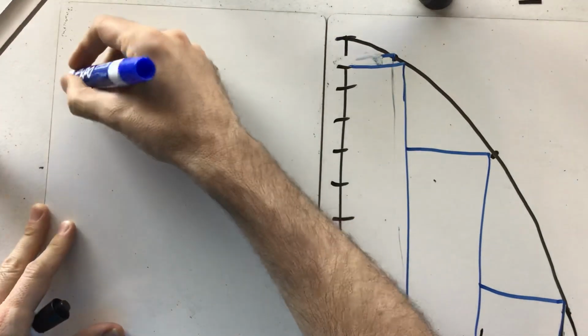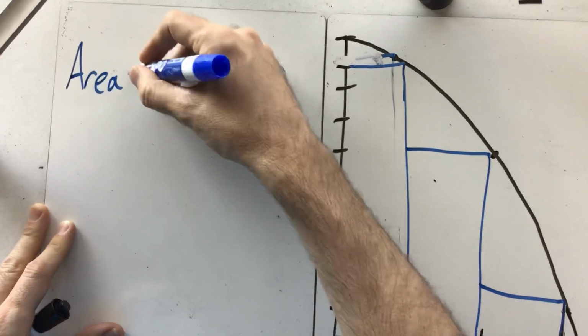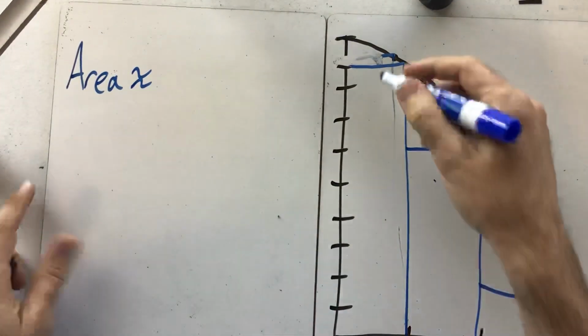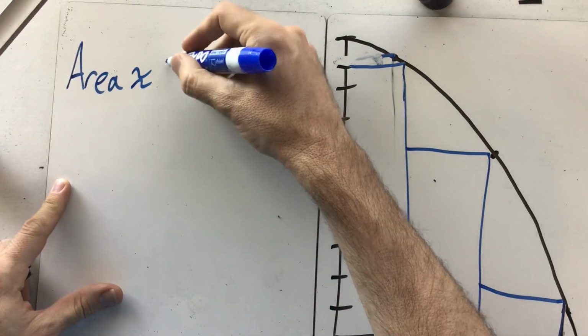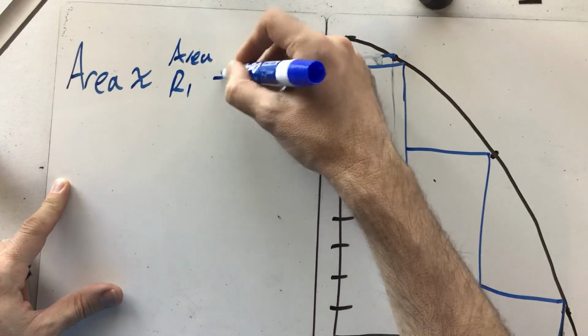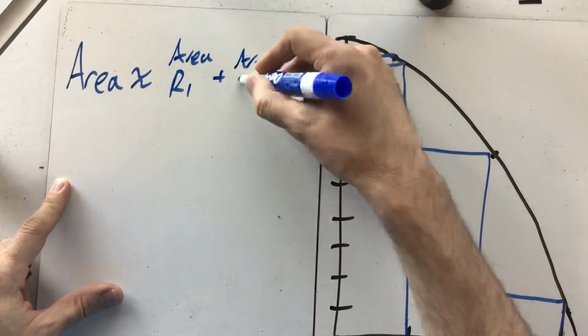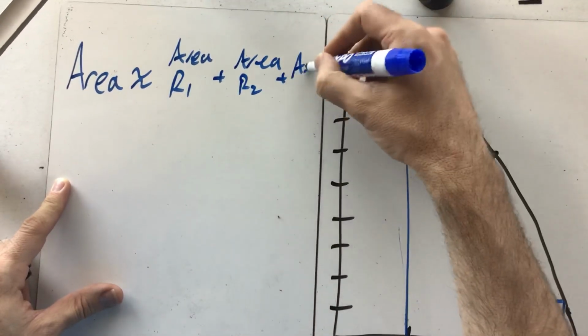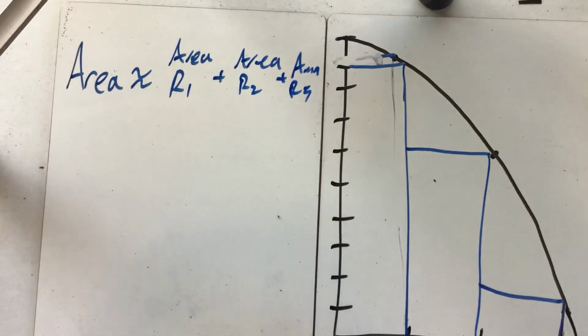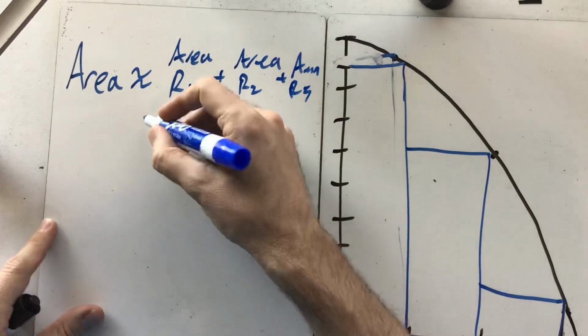So our area is approximately, I'm going to use little wavy lines to say approximately, the area of the first rectangle. So I'm going to put area of R1 plus area of R2 plus the area of R3. Now all I have to do is compute the base times the height.